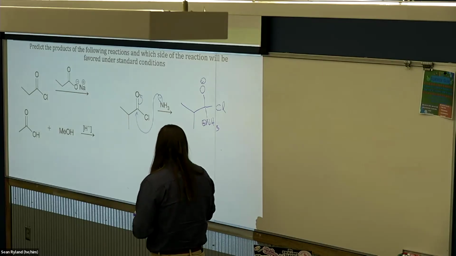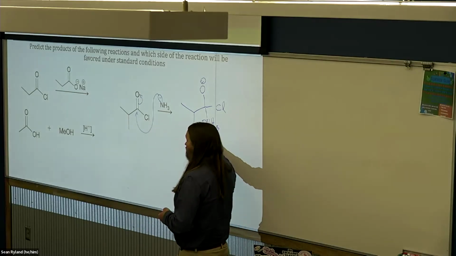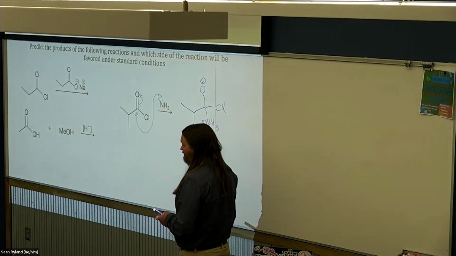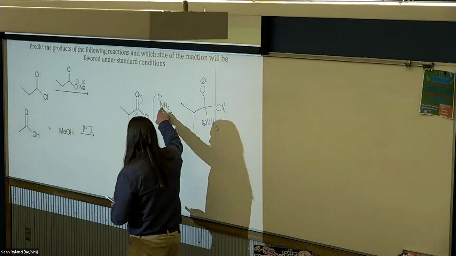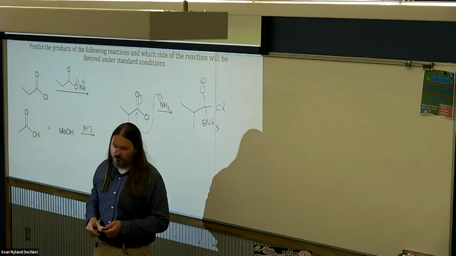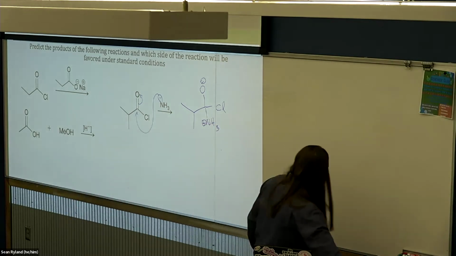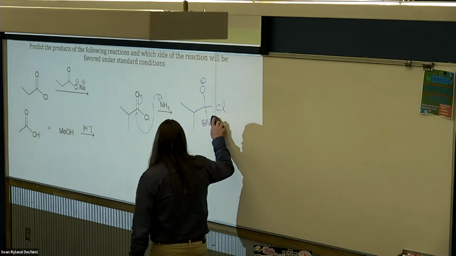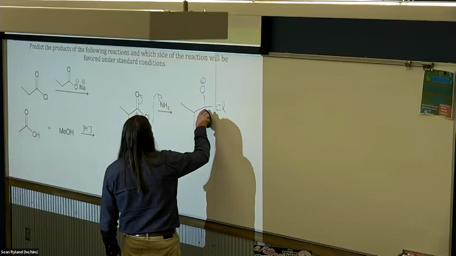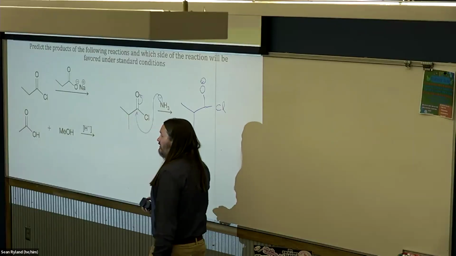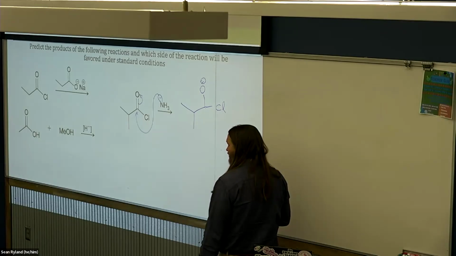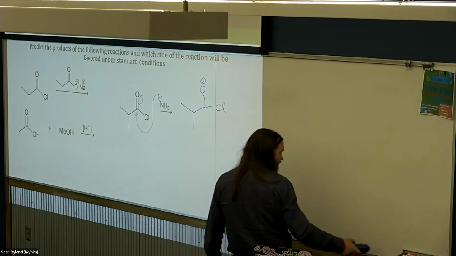It's okay, we're going to erase this real quick anyway because we committed a cardinal sin. We made a positive charge, but we're under basic conditions. So the first step before it attacks actually has to be to deprotonate the nitrogen. Not really a cardinal sin, more like a common, not all that important mistake.